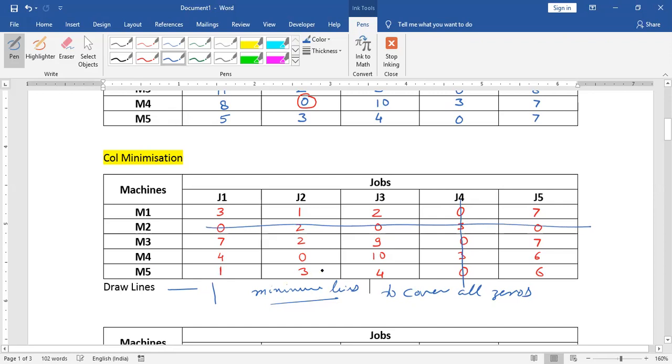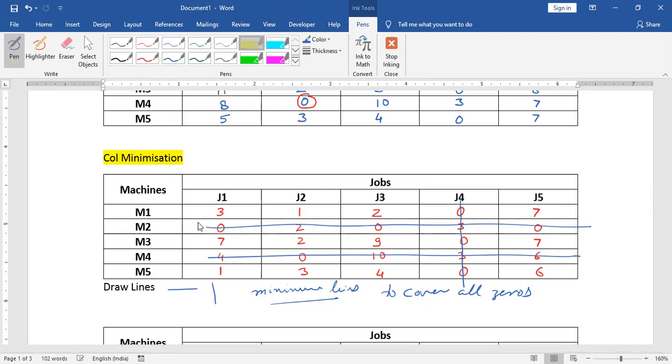Now you can see there is 1 zero left. Either you can draw horizontal or vertical, so I'll draw a horizontal line, right? So how many lines are there? There are 3 lines, and with the help of 3 lines, I cover all zeros, right?